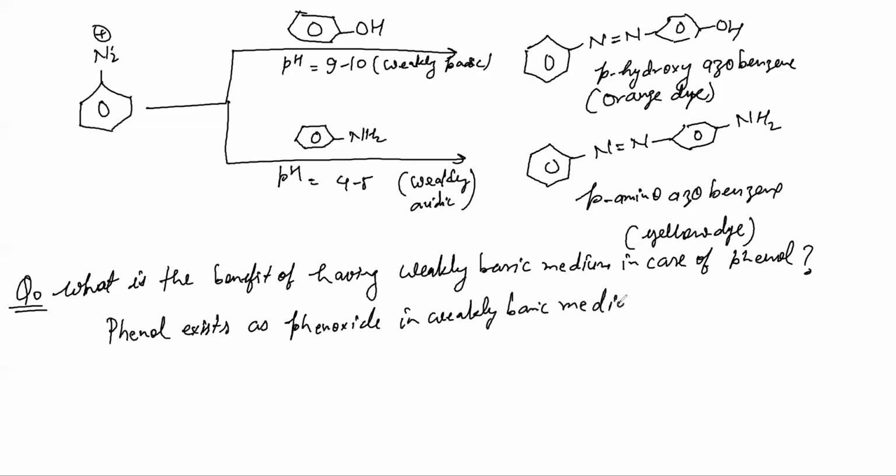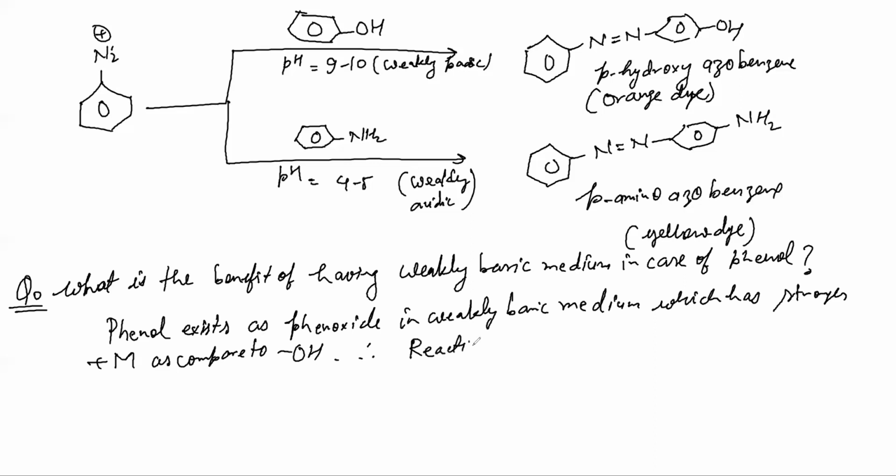How does phenol exist? It exists in the form of phenoxide, which has a stronger plus M as compared to OH. Therefore, the reaction is better.